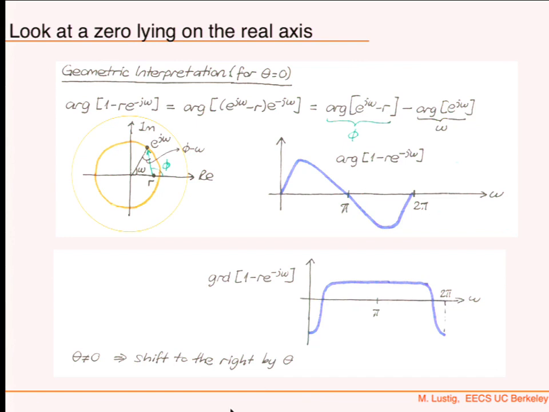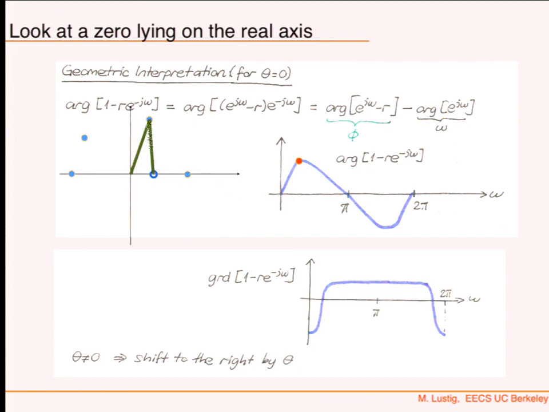If theta, which is really the phase of this pole or zero, is non-zero, then you just shift the whole curve. So this is the case when we look at this point.